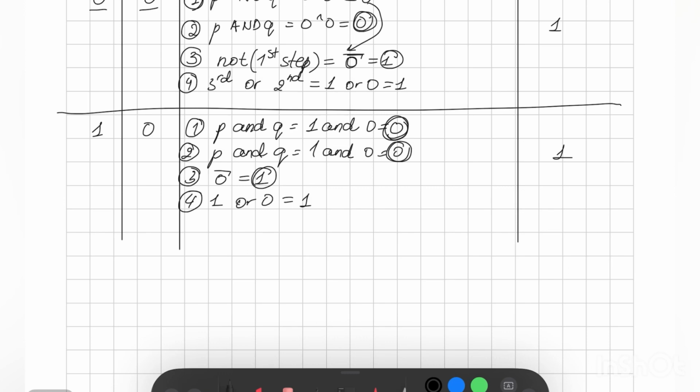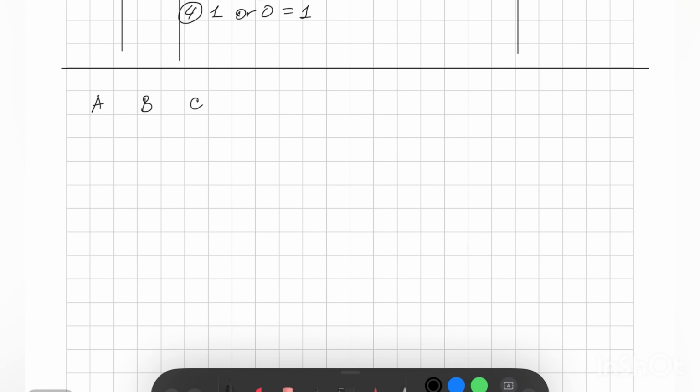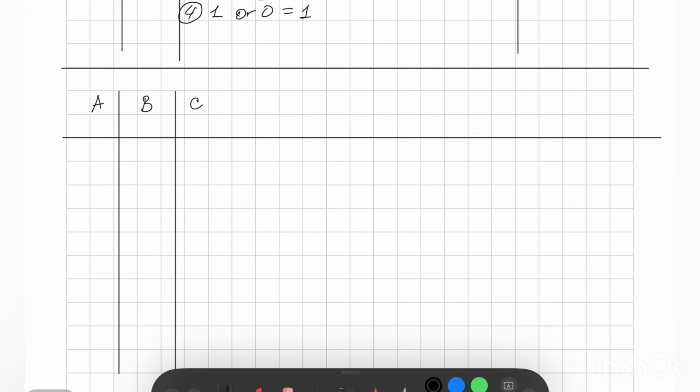Let's do another example. Let me just write, like we have 3 inputs, A, B, and C. Okay. Here we'll have solution and output.